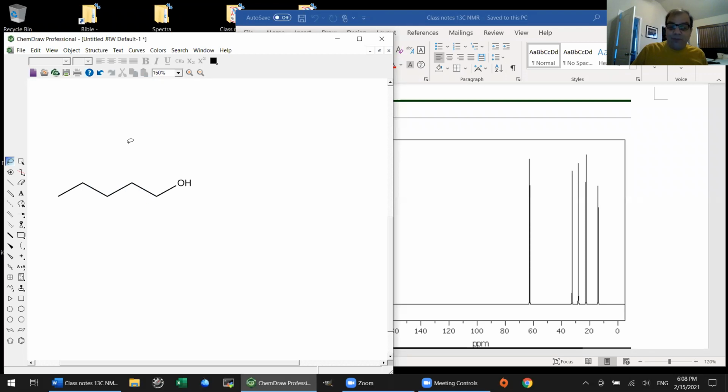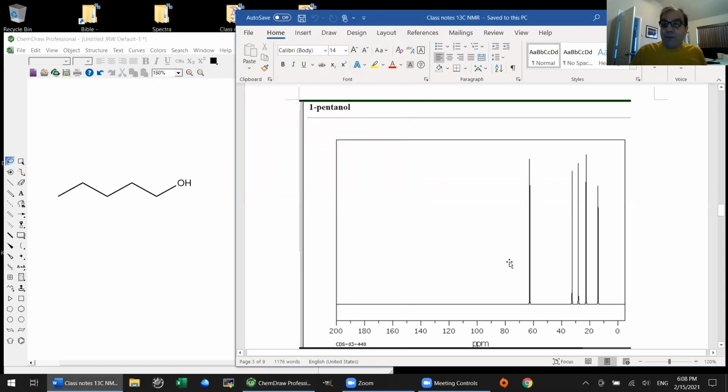So no 2 of those CH2 groups are exactly the same as each other. So since there's 5 different types of carbons, we would expect 5 peaks, and that's exactly what we do get. See, that's the nice thing about carbon NMR. It's much less cluttered and much clearer to interpret, as you'll find, than proton NMR.